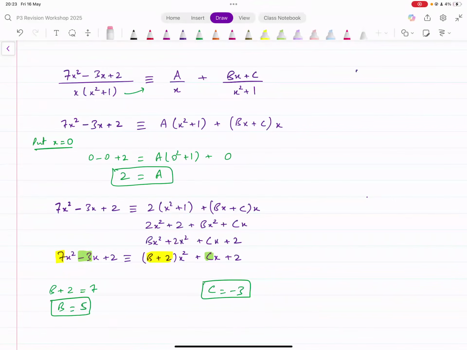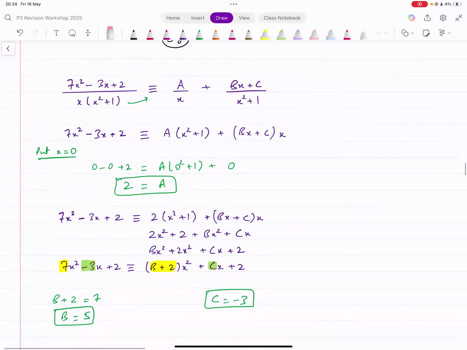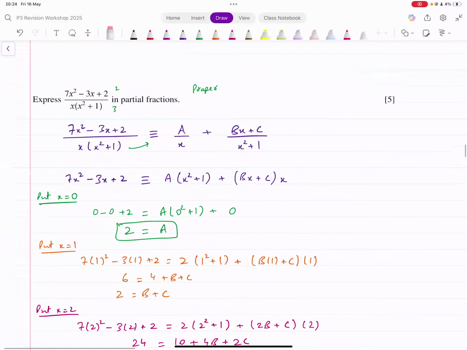Okay. Otherwise, in general, this is not as efficient as the other method. You will have to solve simultaneous equations in most cases while you're doing comparison. So it's better to use that method where we input values of x like this.